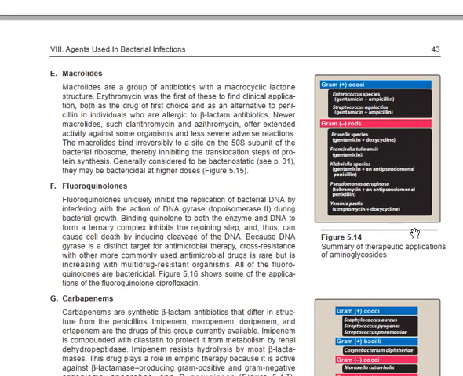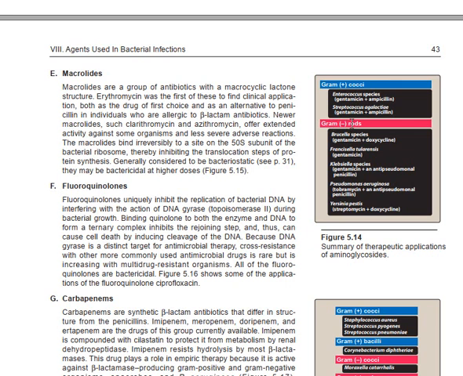For all the microorganisms that are atypical, you can use tetracycline. Now, the summary of therapeutic applications of aminoglycosides. You have gram-positive cocci like Enterococcus species, where you can use gentamicin plus ampicillin. You have Streptococcus agalactiae, where you can also use gentamicin plus ampicillin.